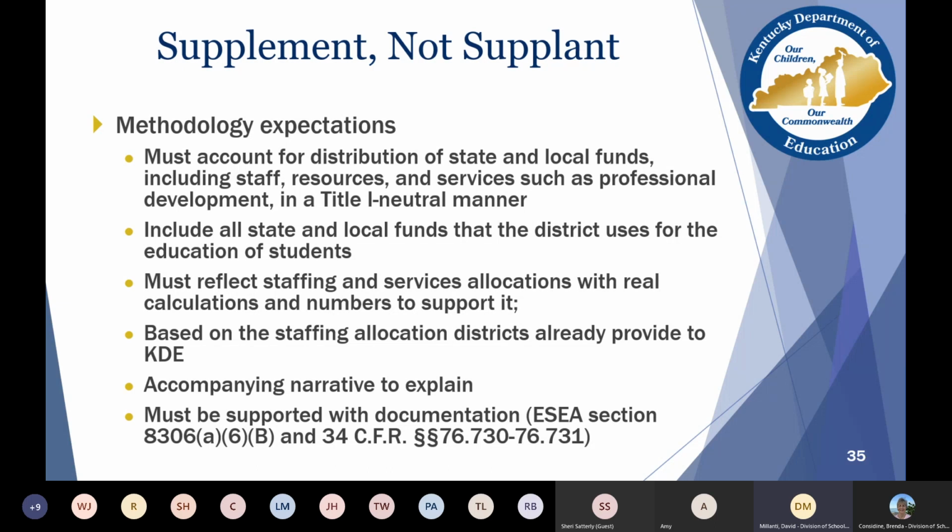So, once you write up your narrative, unless that narrative changes in how you're going to distribute funds, the only thing you're updating each year is actual numbers, dollar amounts, and staffing numbers.